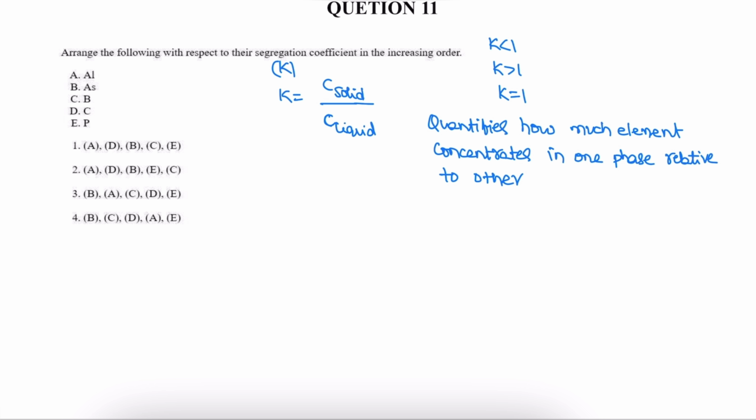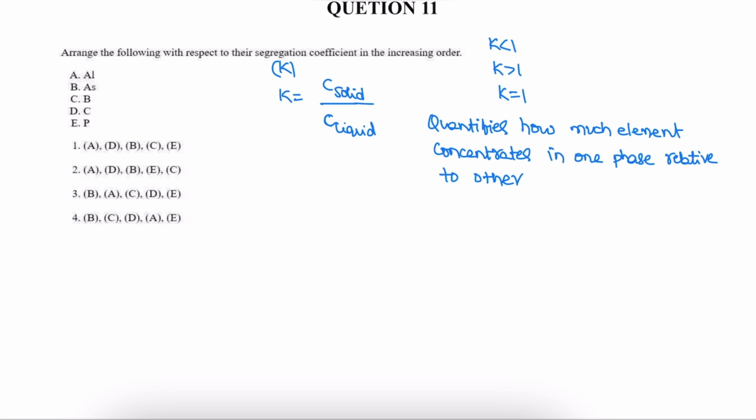Or otherwise we can say K less than 1 means solute is more soluble in liquid phase. K greater than 1 means solute is more soluble in solid phase. K equal to 1 means solute has similar affinity for both phases.